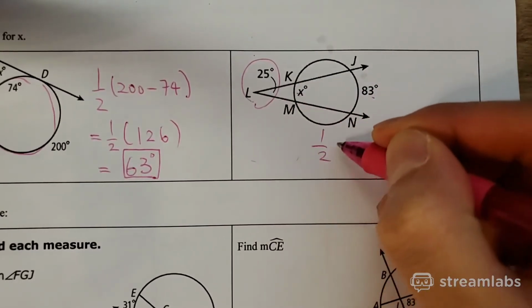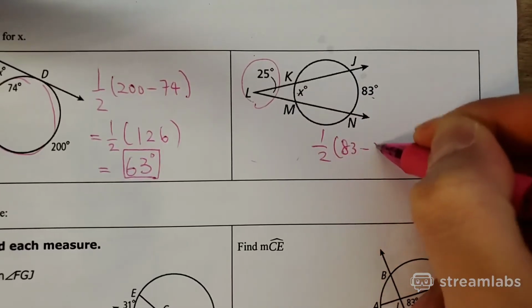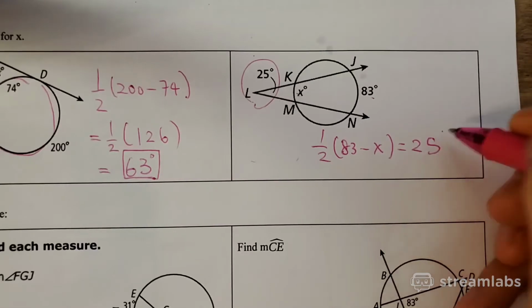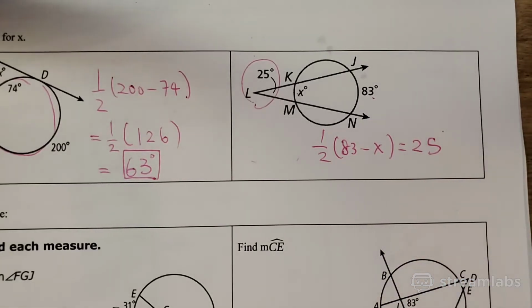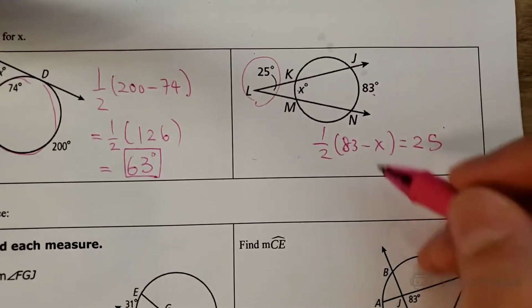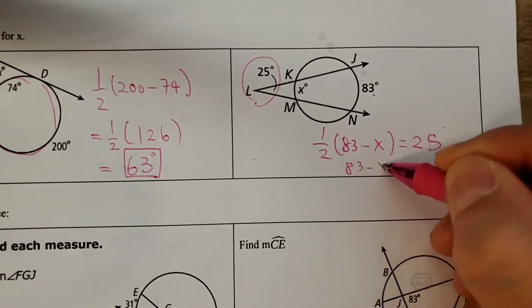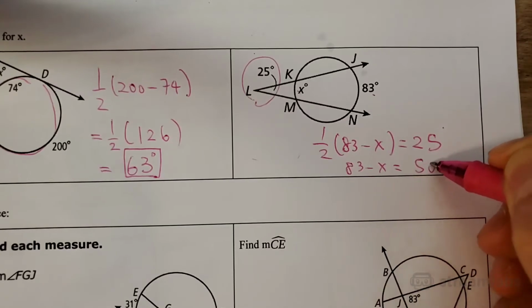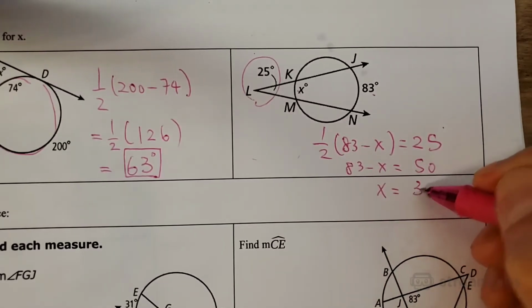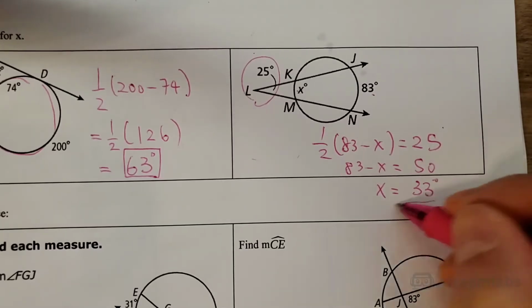So you set it up the same way, 1/2 of 83 minus x, but the result is already known, so that's equal to 25. That kind of makes sense. And then you just solve for this. So multiply by 2, so the difference should be 50. So x needs to be 33. Yes, you're right.